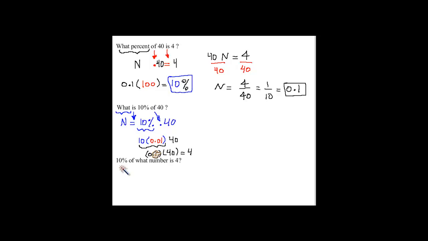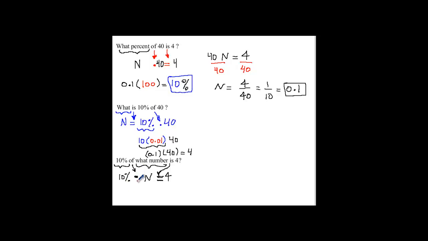Let's set up the last equation for the last problem here. Richard, how do you write the equation? It would be 10% times n equals 4. Very good. So everywhere you see is, you substitute equal for that. Everywhere you see of, you replace it with multiplication.